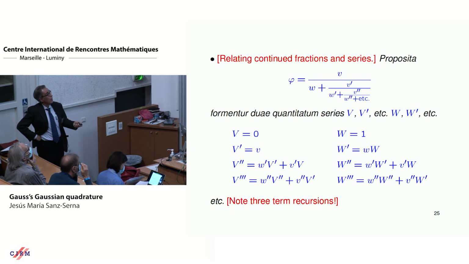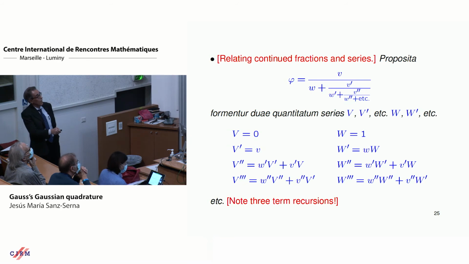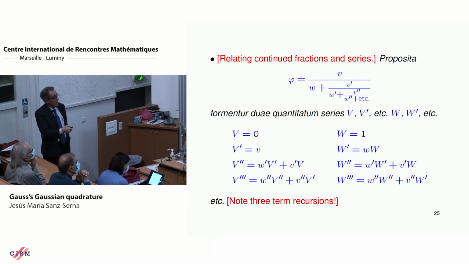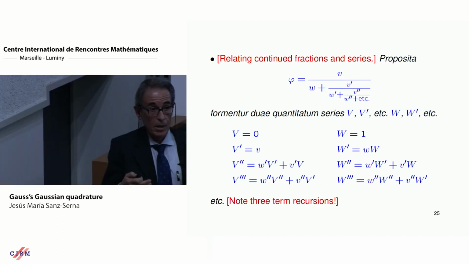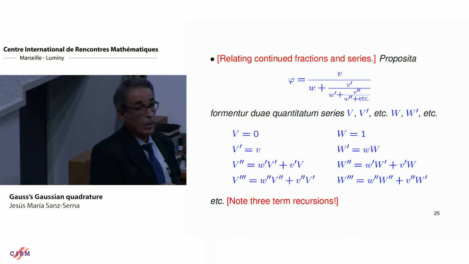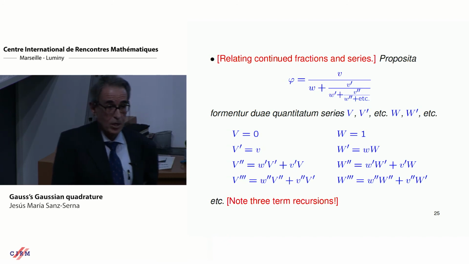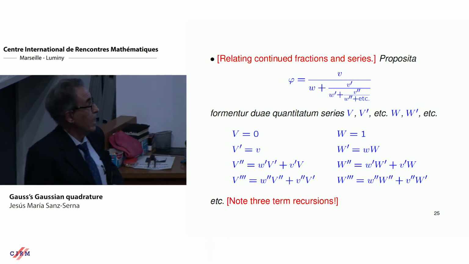So okay, he has this continued fractions, and he shows that if you introduce these quantities v and w, and you compute them recursively in this way, well, please note that we now are working in terms of a 3-term recursion. So we are coming closer to the Legendre polynomials. The Legendre polynomials will eventually appear here.